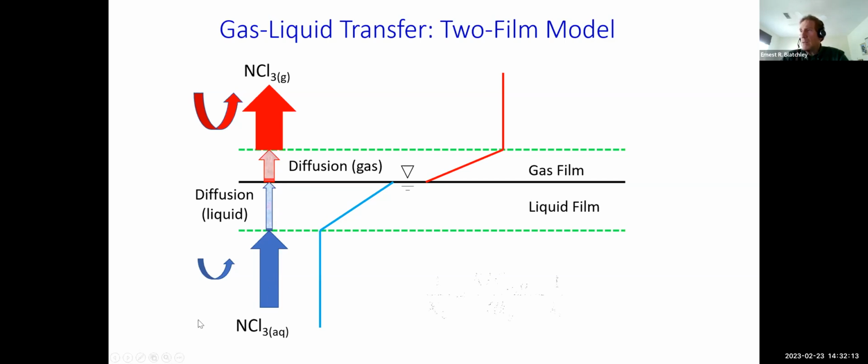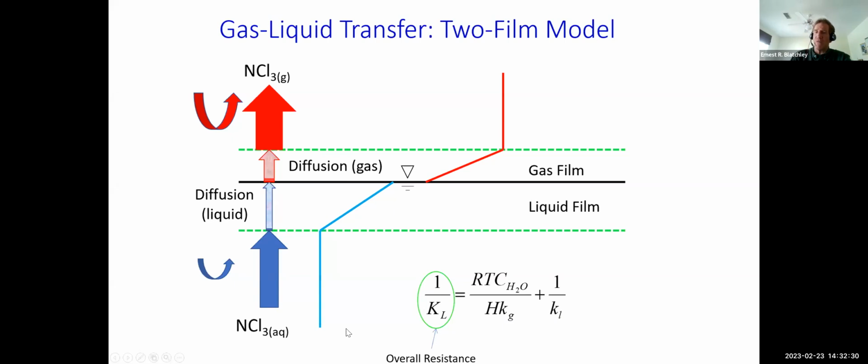So staying with the idea of resistances in series, sort of like we do in electrical engineering, what we're going to do is represent the overall resistance, that's the left side of this equation, as the inverse of what we call a mass transfer coefficient. So a mass transfer coefficient defines the ability of a system to move a molecule from the liquid phase to the gas phase.